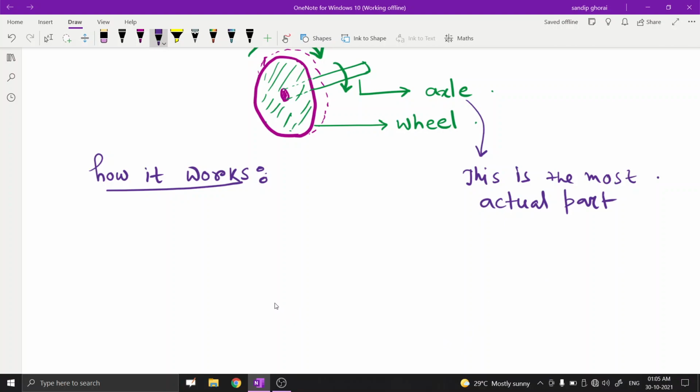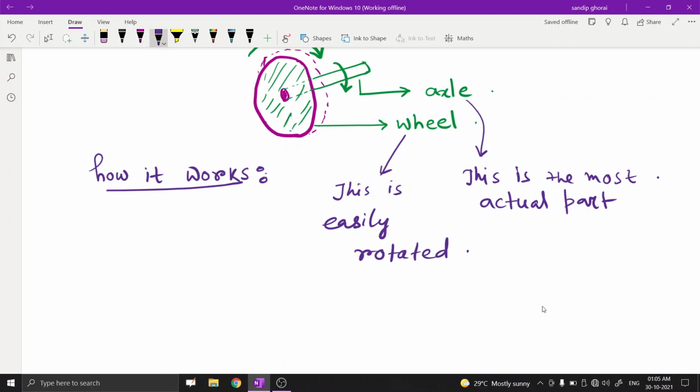It is not easy to turn the rod without an aid, so it is attached to a wheel which is easily rotated. This part easily rotates.